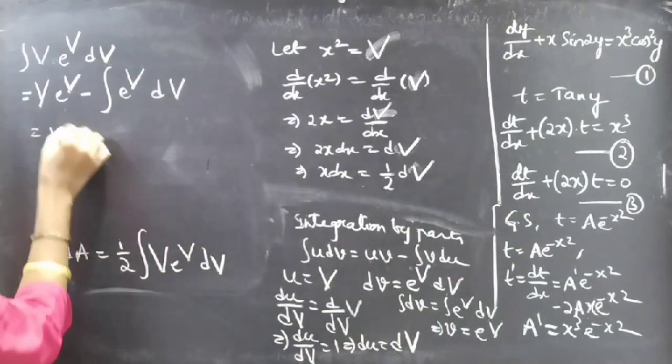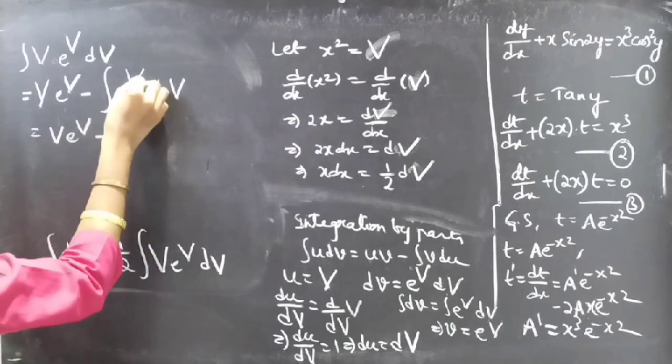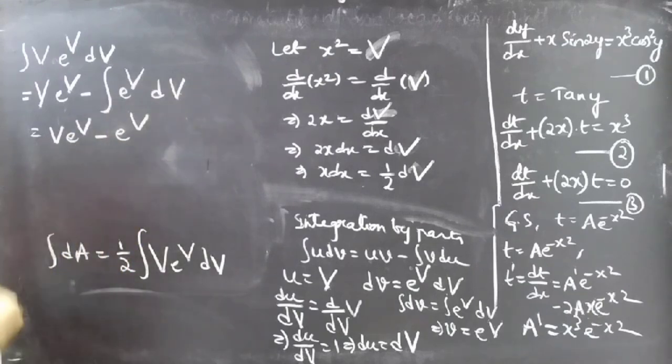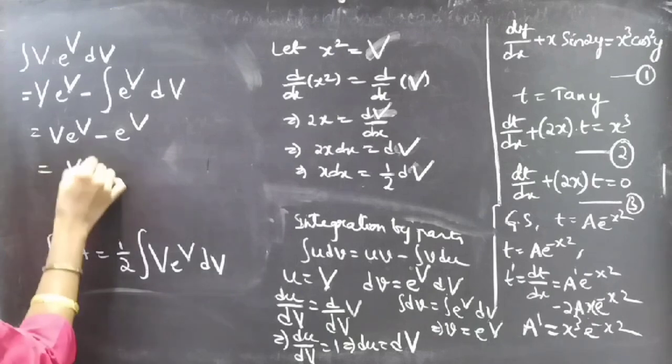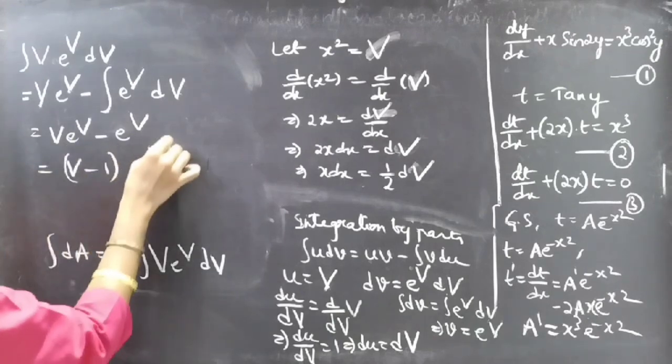We'll get V e power V minus integral e power V dV, which is e power V. Or we can write it as V minus 1 into e power V.